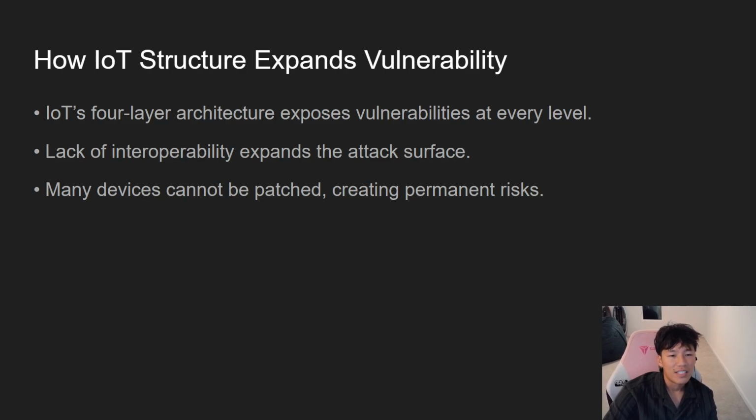The lack of interoperability creates weak points in the system, and each new device someone installs becomes another potential entry point for attackers. This source helped me see how technical design and industry competition combine to create serious security problems.